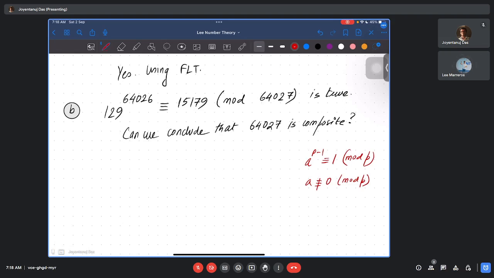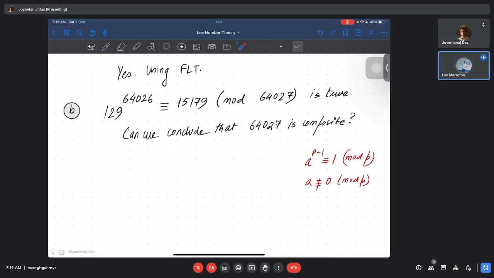So now, here it is not equal to 1, right? Yes, also we can see that this number does not divide 129. So this is composite, that is fine.